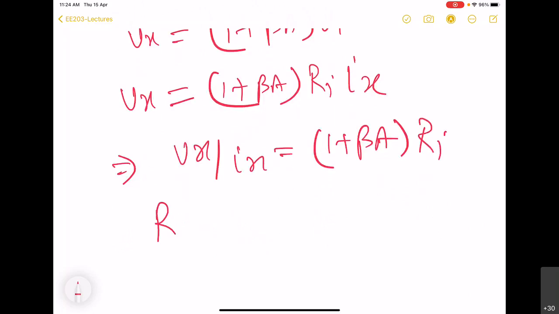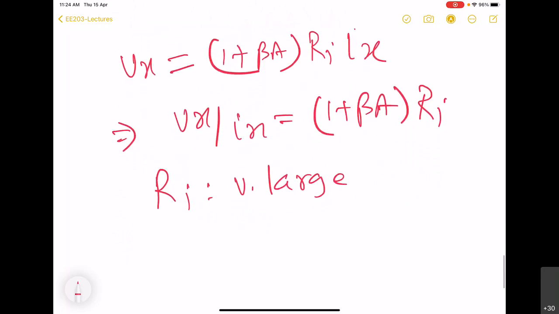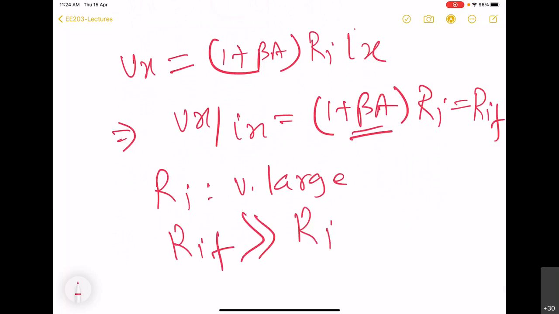So we had already taken Ri to be very large, and this is going to be RIF, the input impedance of the feedback network. So RIF is even larger. In fact, it is going to be much larger because this beta A factor is going to be typically very large.